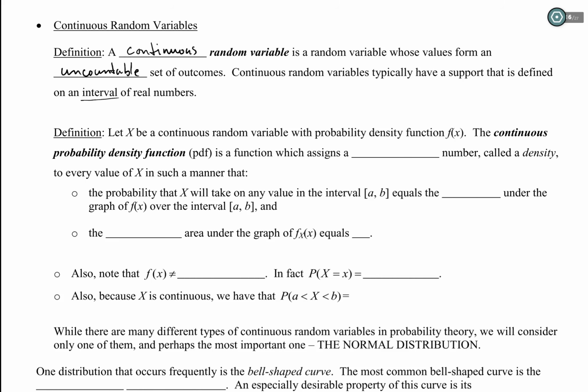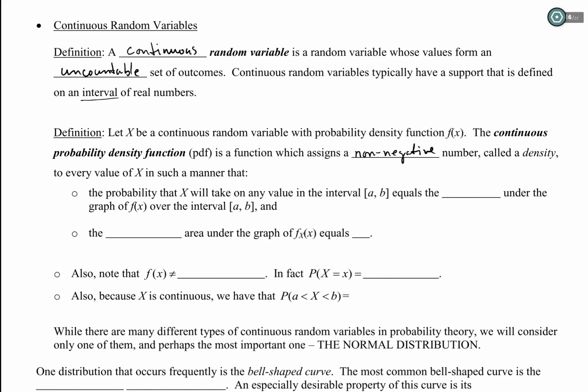A definition here: we're going to let X be a continuous random variable, and it's going to have this thing called a probability density function, abbreviated PDF, and that's a function which assigns a non-negative number, which is called the density, to every value of x, such that the following two bullets are satisfied.